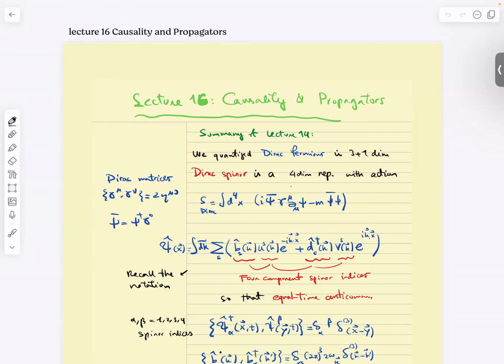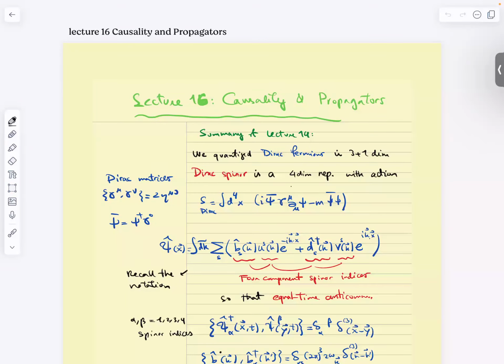So today we're going to be talking about causality and propagators, right? So what are we doing in this section of the course? We started quantization of free theories, and we quantized a scalar field, real and complex. We pointed out the charge operator.